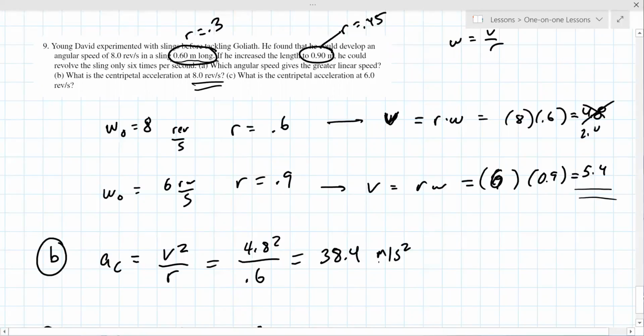That's 2.4, that's 2.7. That changes this one to 2.4 squared over 0.6. For whatever reason, for A, it doesn't even ask for the actual calculation. It just wants you to know there's a greater linear speed with the larger sling.